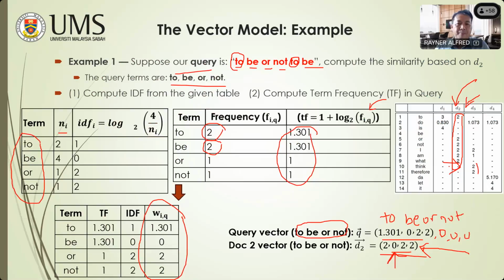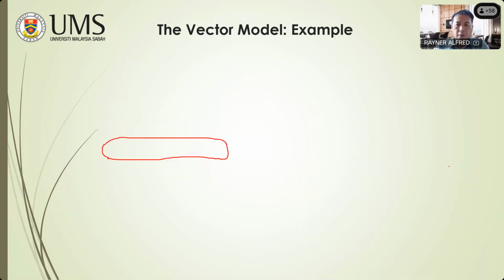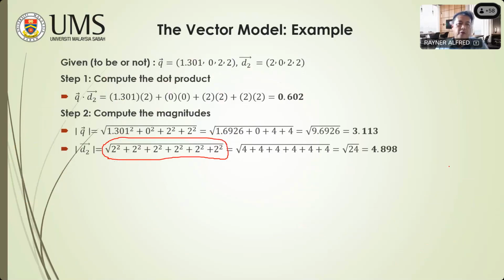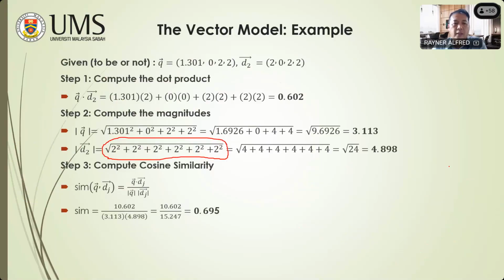For the magnitude of document 2, you need to have all of them, and then you have 4.8. To compute them, you just plug in. So you get that, I think that is 10.